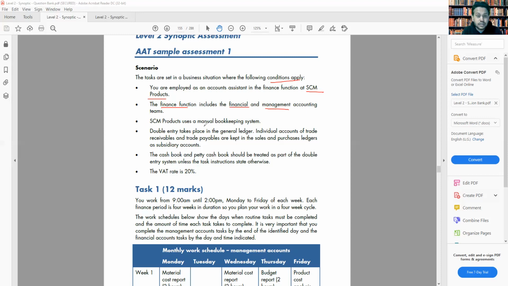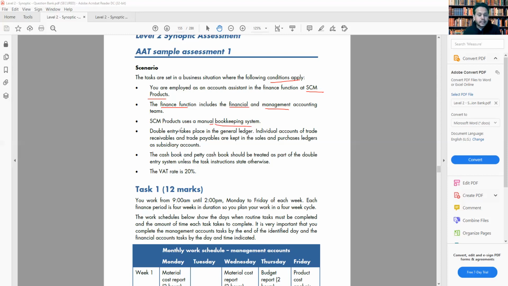They do so many things automatically. For example, if you do your journal, the software will prepare the ledger, the trial balance, the profit and loss account and the balance sheet automatically. So you just prepare one thing, and the rest will be done automatically. But for this company SMC, nothing is automated, so they do the bookkeeping system manually.